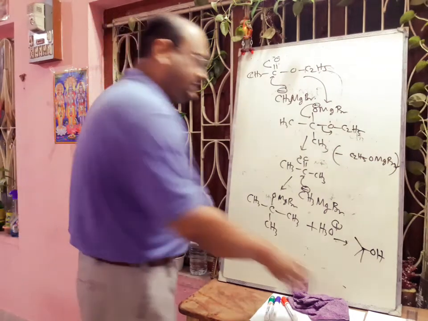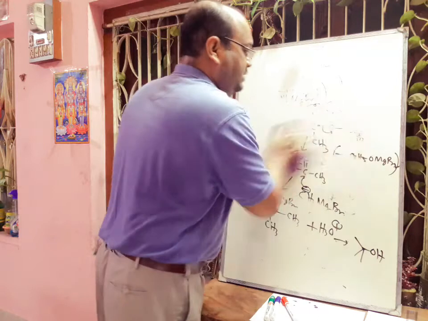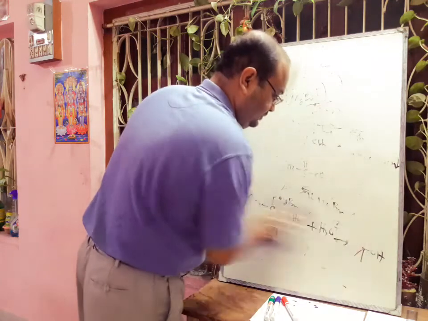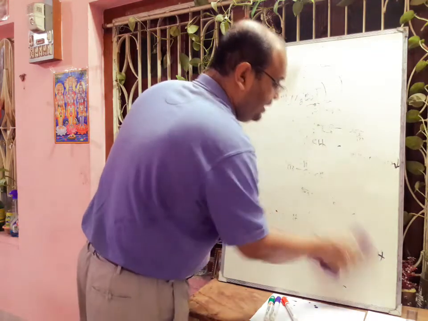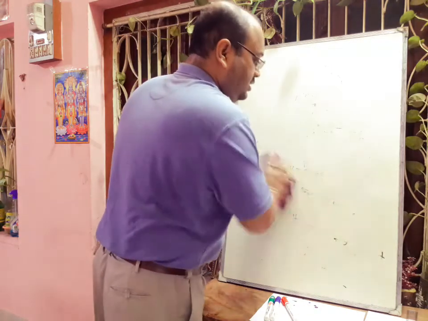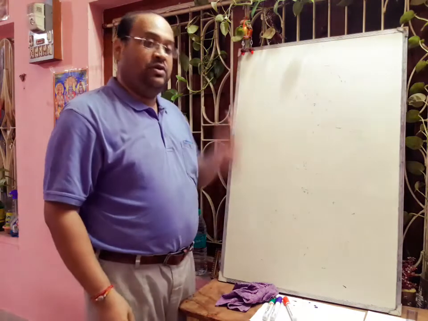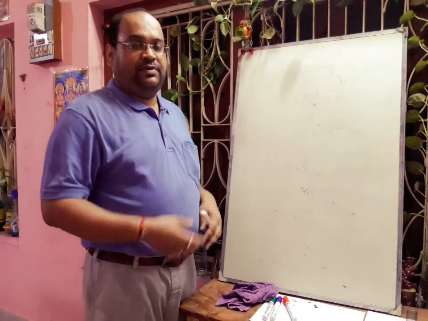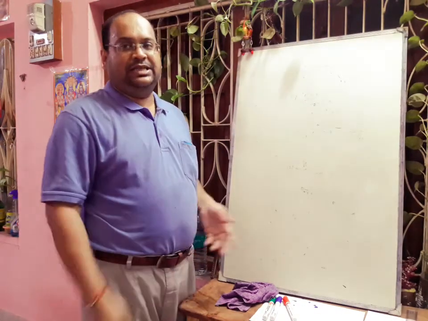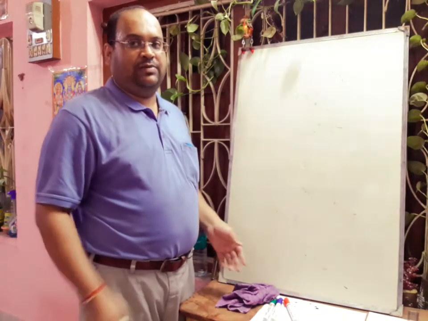Now if we take a cyclic ether like 1,2-epoxyethane, here also we can prepare a primary alcohol which has 2 extra carbon atoms. That means it is one kind of step-up process where we can increase 2 carbon atoms.